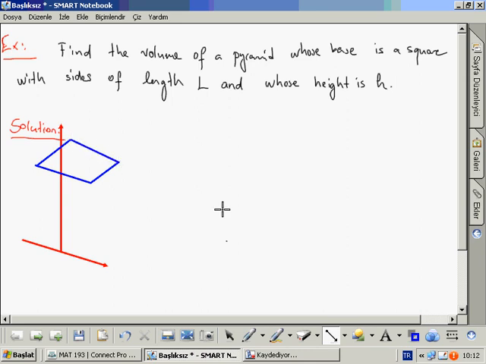Okay, and this is our pyramid right now.